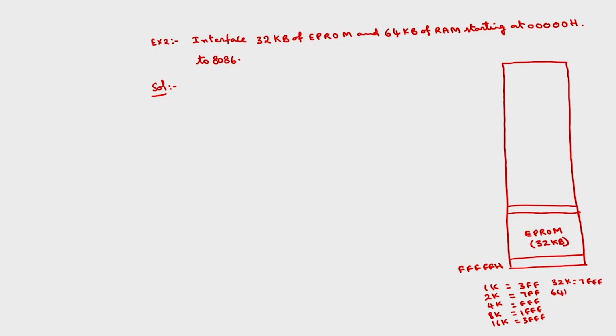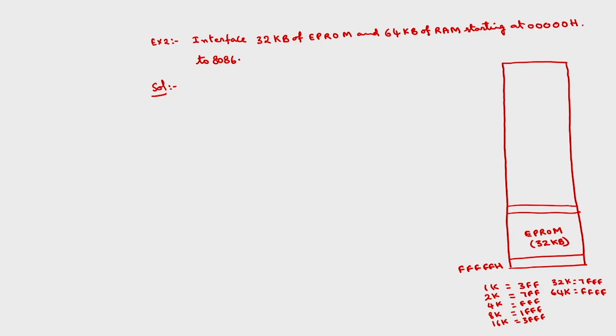And 64K means FFFF. These are the values that you have to add to the starting address to get the ending address, corresponding to 1K, 2K, 4K, 8K, 16K, 32K and 64K.